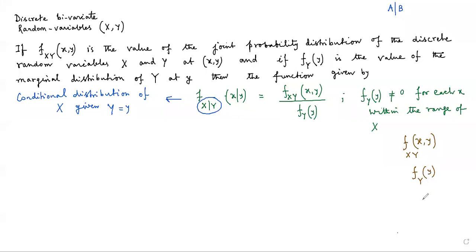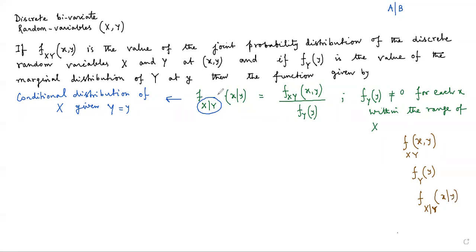And when I'm talking about the conditional probability of the type x given y, in the subscript you see that I have written capital X given capital Y. These are the names for the function, and the points will also take a similar shape, which is x given y. Small x and small y are the points of these random variables capital X and capital Y respectively for some given range of x and given range of y.